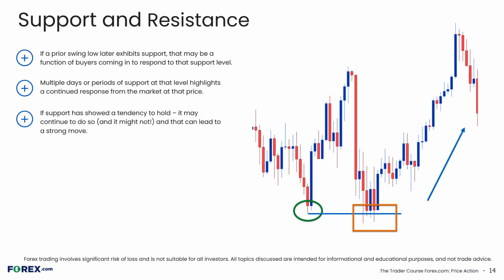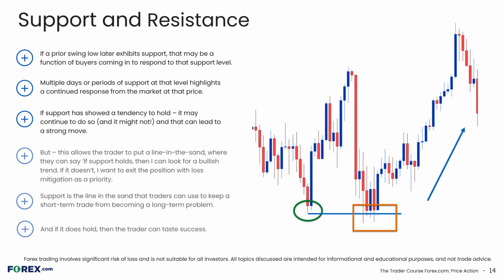And the simple act that we know where support is can be enough to approach the setup with some idea of approximate risk-reward ratio potential. Many traders miss this about support or resistance, as they're often looking for ways to buy lows and sell highs. But the bigger takeaway is that support or resistance offers a spot to place a line in the sand, so that if support is broken, the trade can be exited with the goal of loss mitigation.